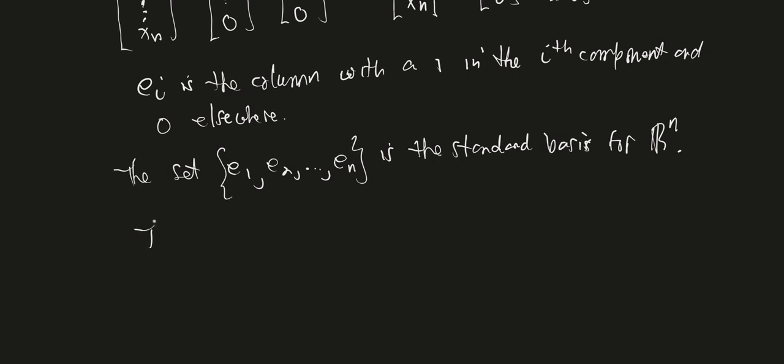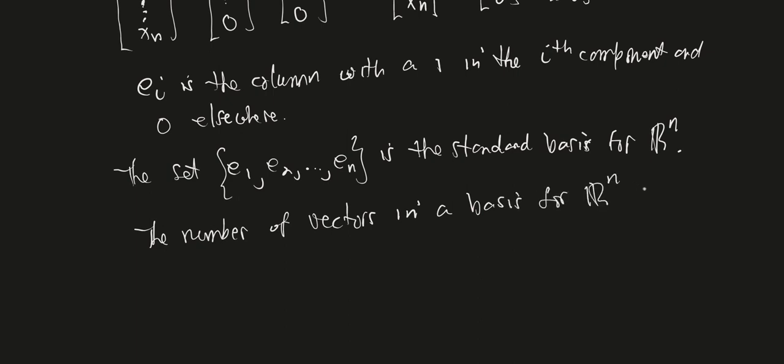So the number of vectors in any basis, the standard or non-standard basis, for Rn is called its dimension, right?